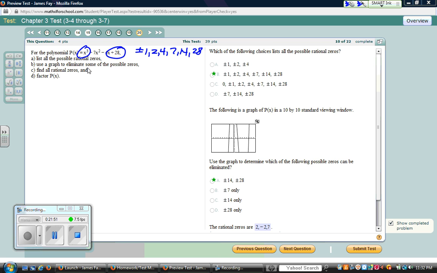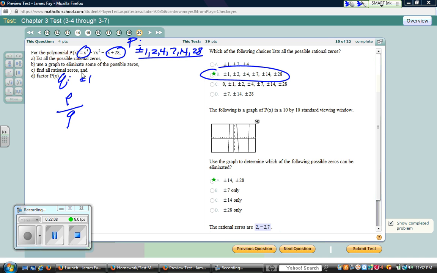And then q factors are plus or minus 1. So all of these are p, these are q. All possibles are p over q, so these over 1 will just give me that list right there.